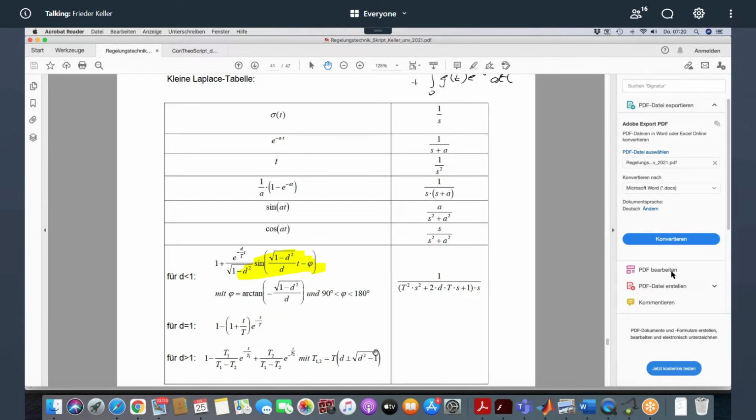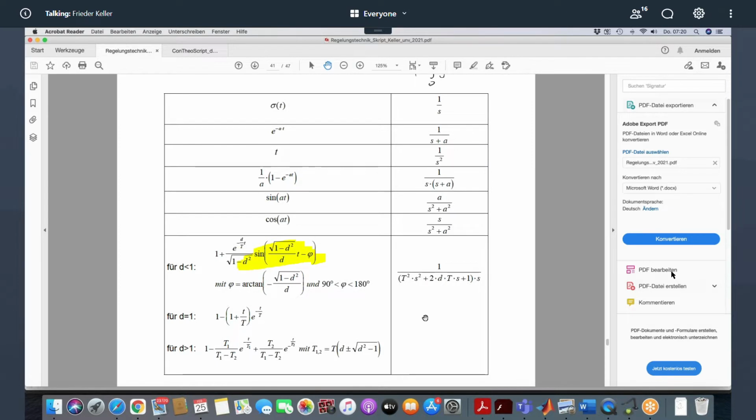This is something we will treat later, but just to tell you now, in the background is the step response of a second order low pass, which is an important thing in control theory, but we will come back to that later. So far we have not used that thing here, but we will have to use it later.